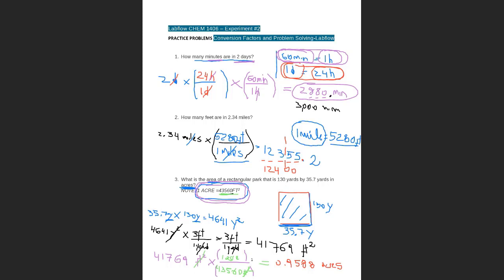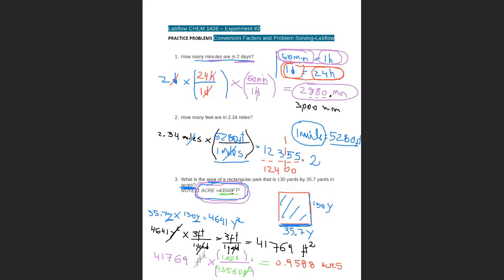And now, the last part, to round. How many sig figs does my answer have to have? Because everything is multiplication or division, I need to look at the sig figs. 3? Okay, let's say 3.